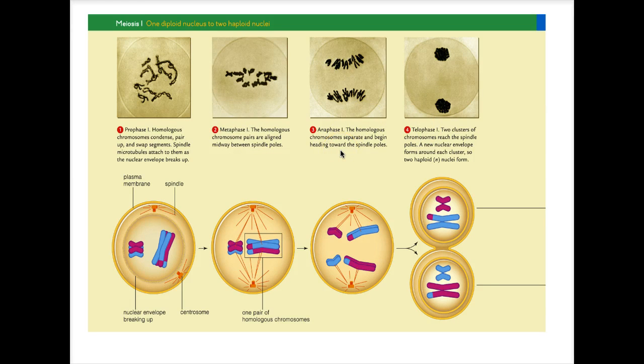At anaphase, you're going to have the spindle fibers shortening, pulling the genetic material apart. At telophase, you form the two clusters of your nuclear material, and nuclear envelopes form around them, and then cytokinesis can occur. So that background information is the same whether you're in mitosis, meiosis 1, or meiosis 2. What is unique is what's happening to the genetic material.